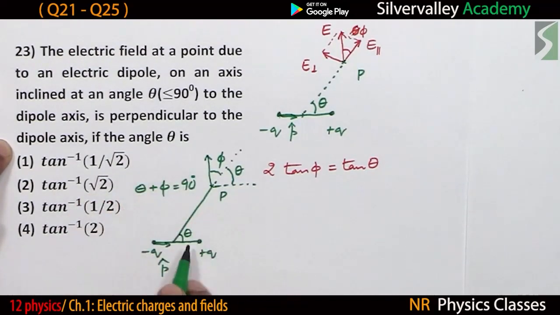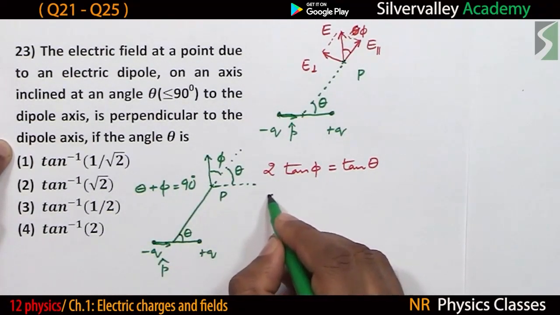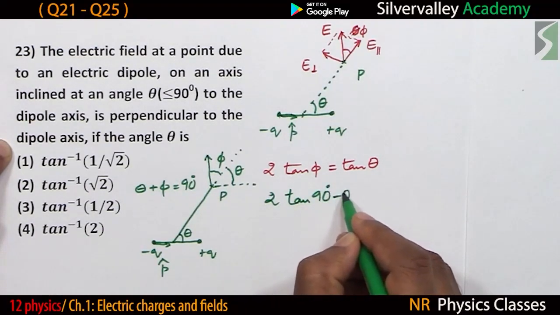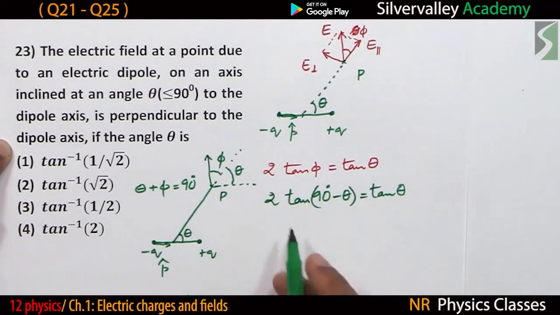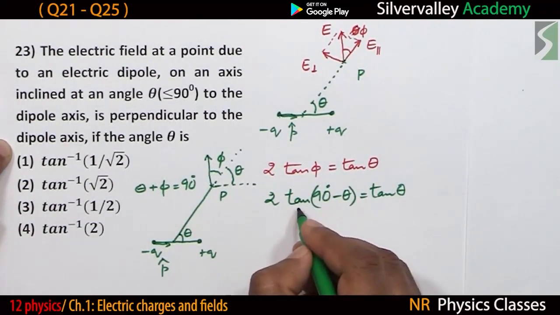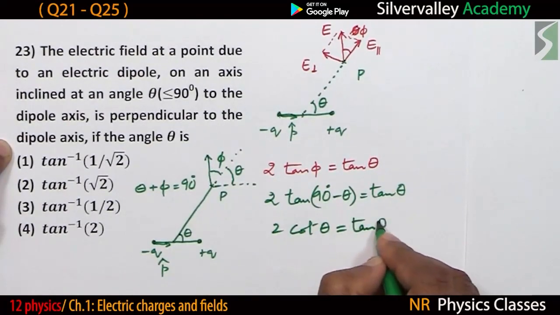So they are asking theta. Let us substitute for phi. Phi is 90 minus theta. So 2 times tan of 90 minus theta equal to tan theta. Tan of 90 minus theta is in the first quadrant, tan becomes cot. So 2 cot theta equal to tan theta.